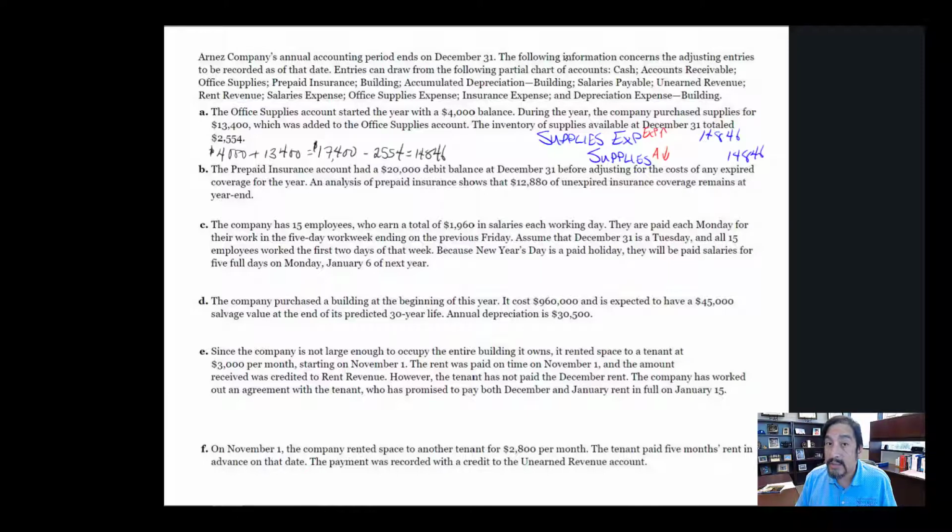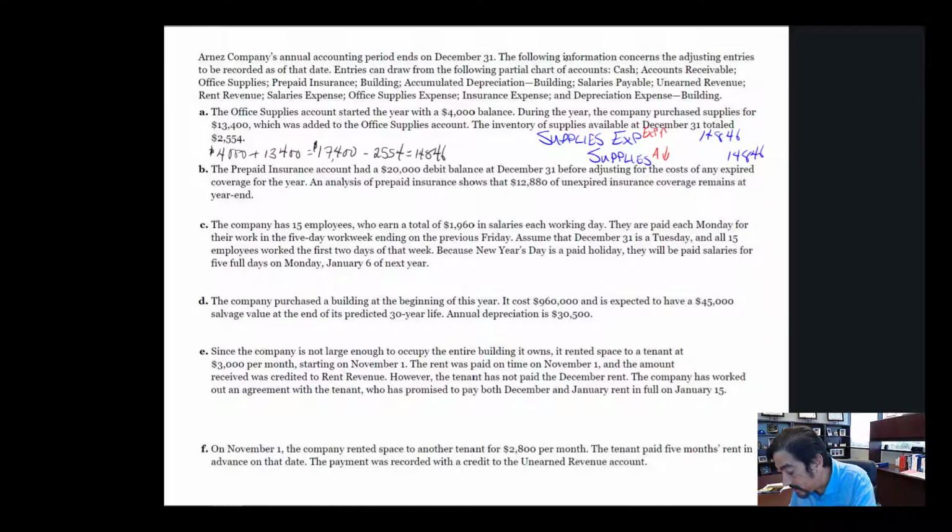Are they giving you expired or unexpired? Are they giving you the amount that was used up, or the amount that is unused and remains at the end? Here they're giving us unexpired. So we need to calculate the expired amount. $12,880 of unexpired insurance remains at the end of the year.